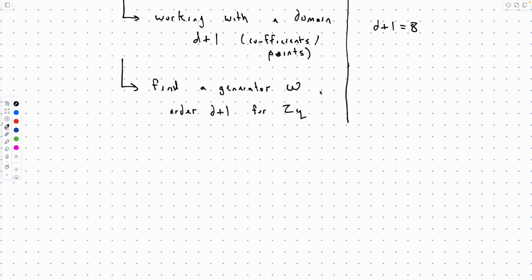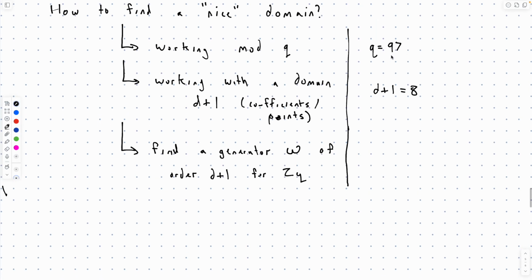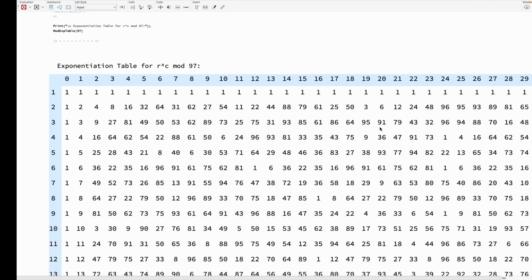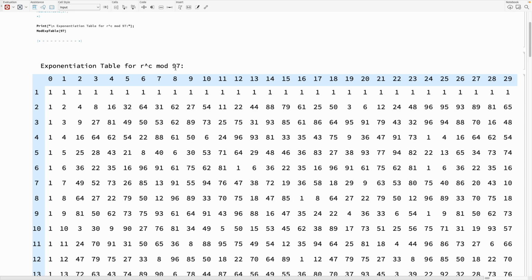So I'm going to find a generator omega of order d plus 1 for Z_Q. Q is 97. I have an exponentiation table for 97. So if you want to know what 5 to the power of 3 is mod 97, this table will tell you that the value is 28. Okay, we've seen this table before, it's just that now we're using a bigger one, 97.